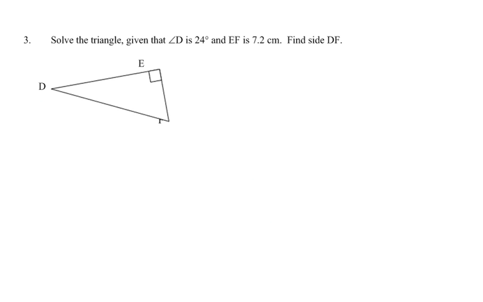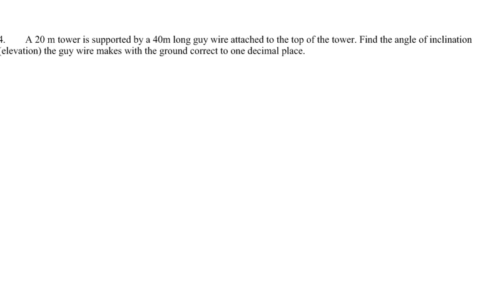A 20-meter tower, right? A 20-meter tower is supported by a 40-meter long guy wire attached to the top of the tower. Find the angle of inclination the guy wire makes with the ground correct to 1 decimal place.